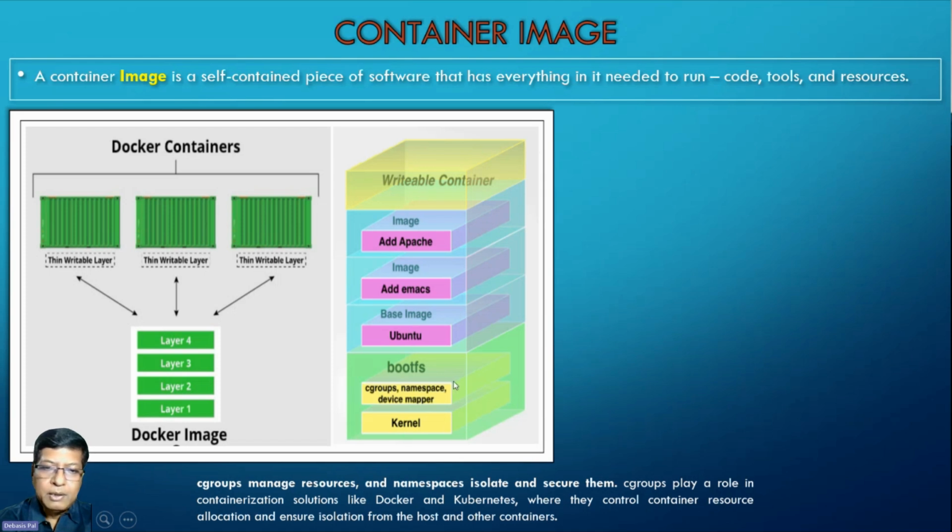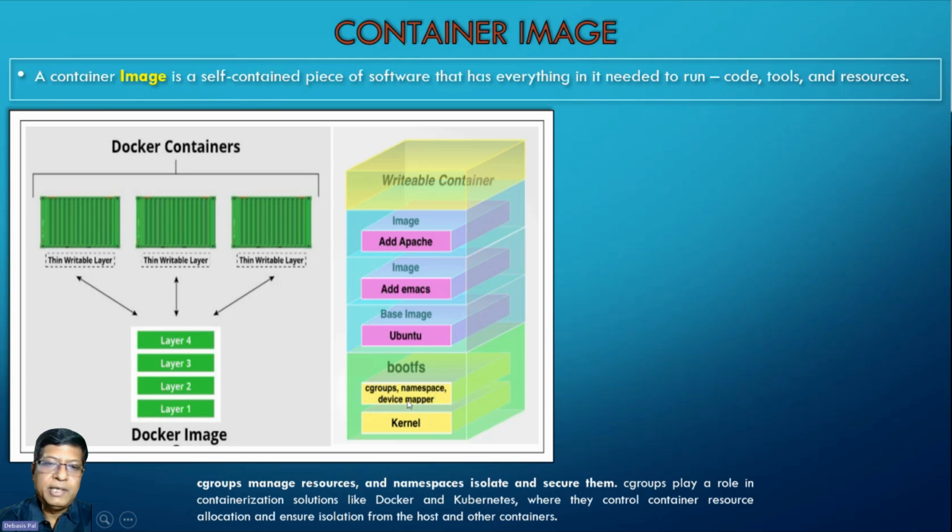The lowest layer is the boot file system on which the container will start running. After all, a container is a software package, and a package can only be deployed or start with some base.